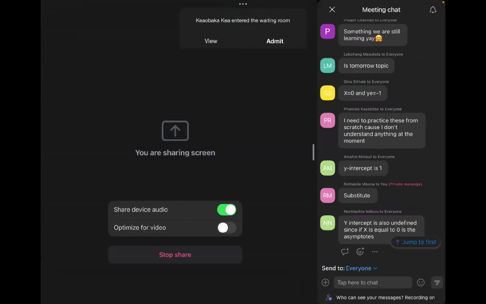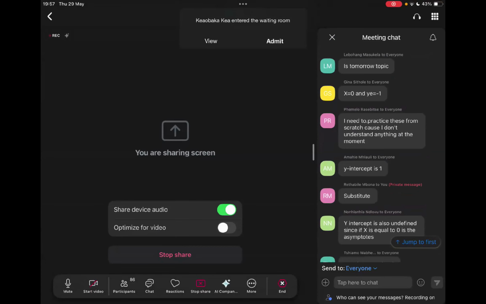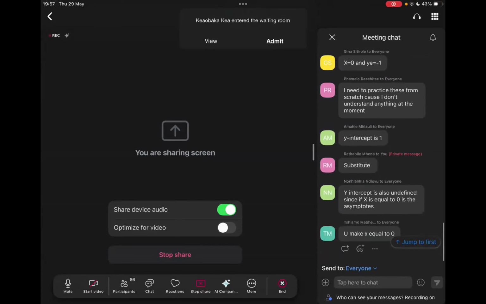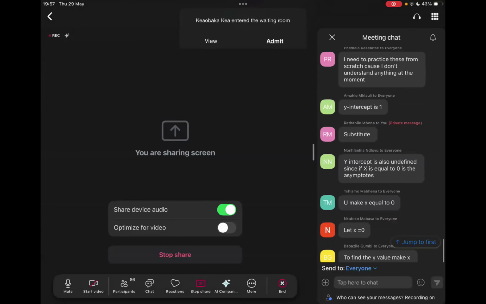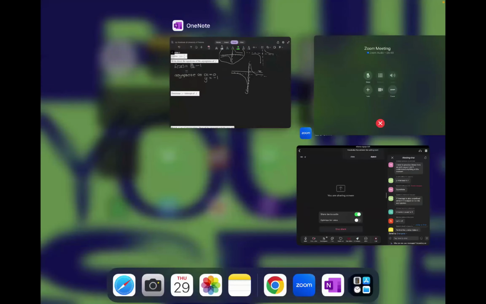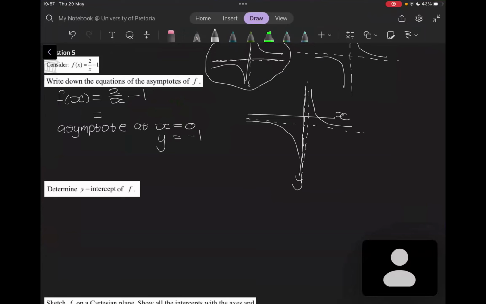See that the y-intercept is also undefined since if x is equal to 0, it's an asymptote. Yeah, but we can't let x be equal to 0 in this case. So we can't get the y-intercept of f. So there is no y-intercept of f.